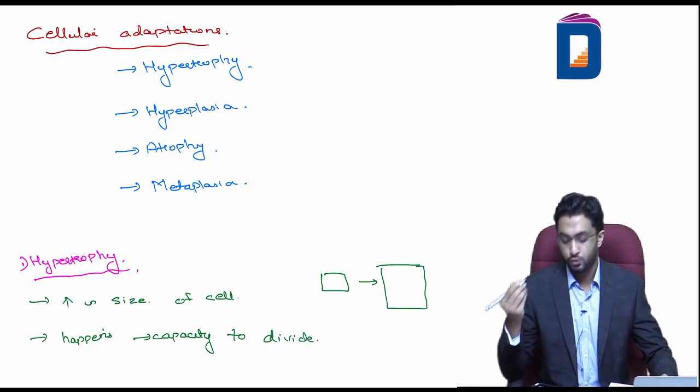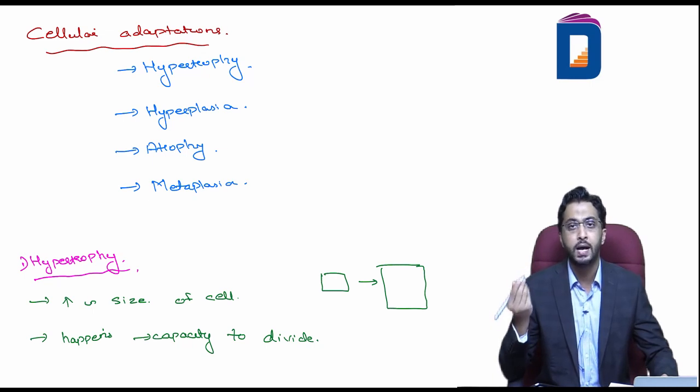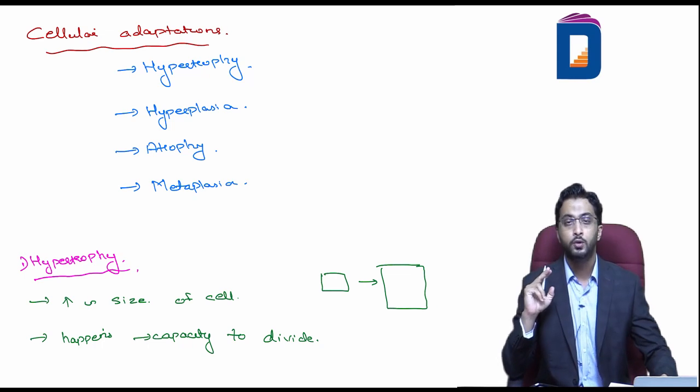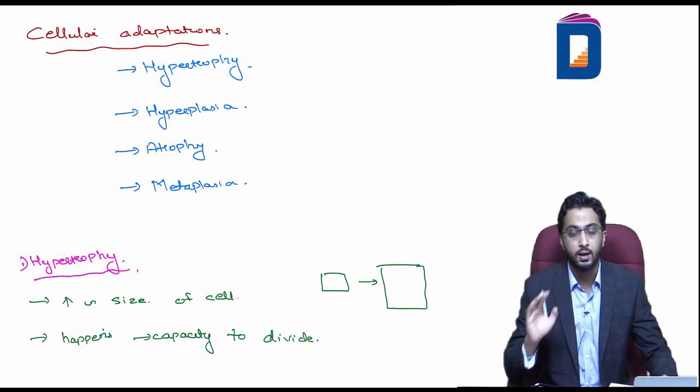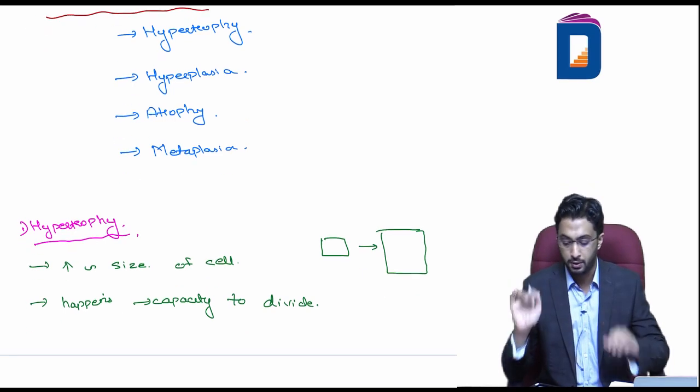When you see the next one, which is hyperplasia, what is hyperplasia? Increase in number of cells, not size. So hyperplasia happens in those cells where the capacity to divide is very high. It's very important to understand these two differences between hypertrophy and hyperplasia.